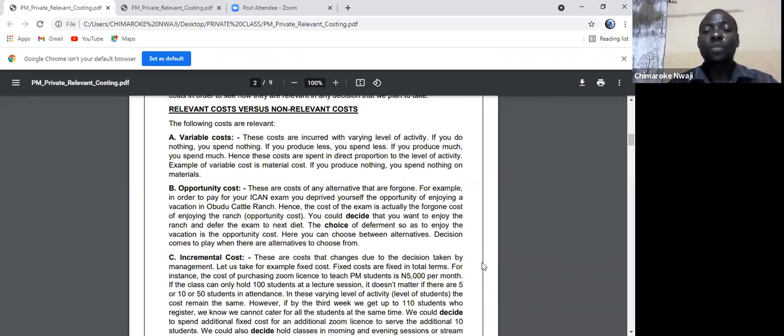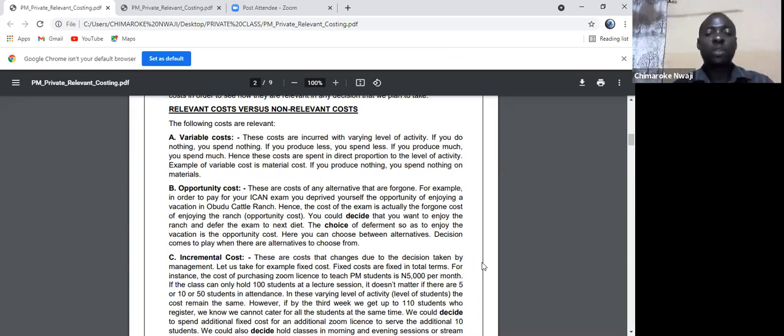If you produce more, you spend more. Hence, variable costs are spent in direct proportion to the level of activity. According to how much you produce, that is the level in proportion to how much you will spend.